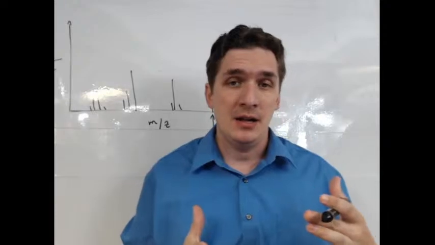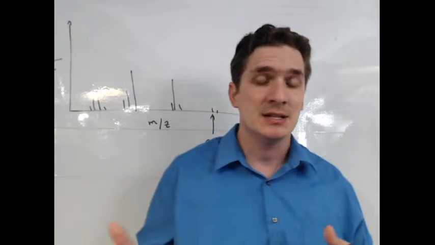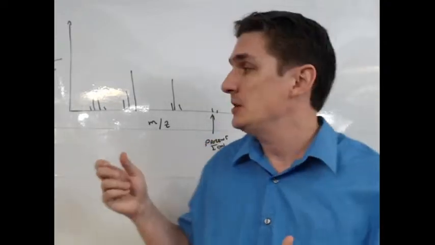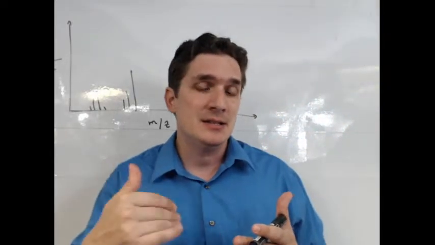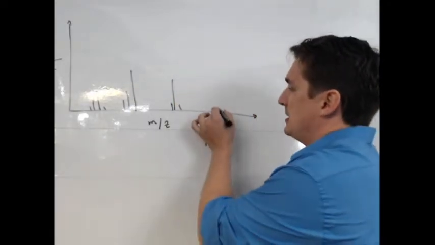This is going to be the weight of the molecule that you injected into the mass spec. So in terms of identifying which molecule it is, that's typically what we do: if you know what molecules could exist, we look at their molecular weights and we see which molecular weight corresponds to the heaviest parent ion.